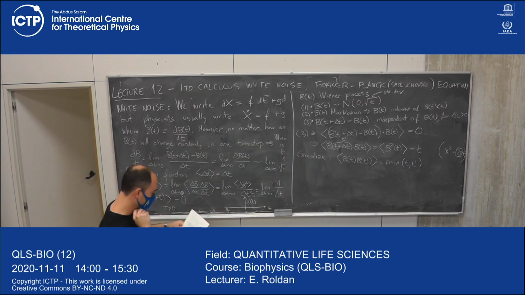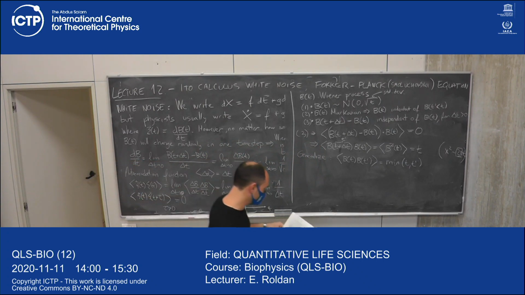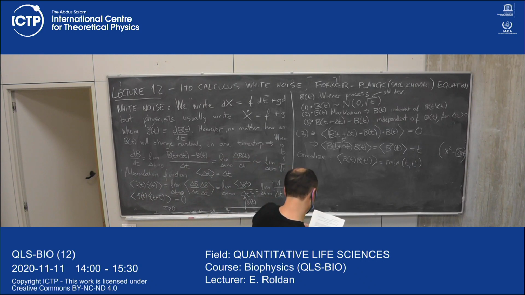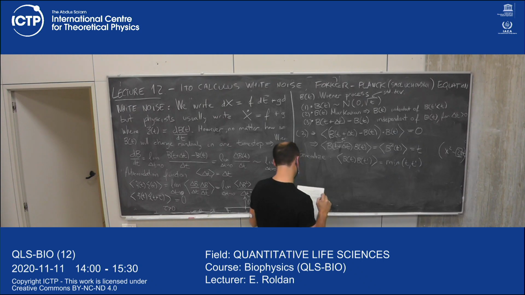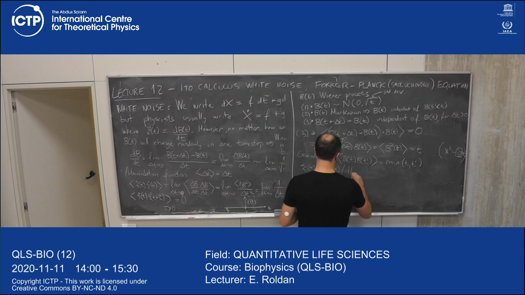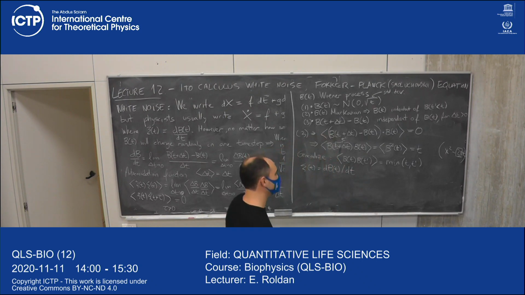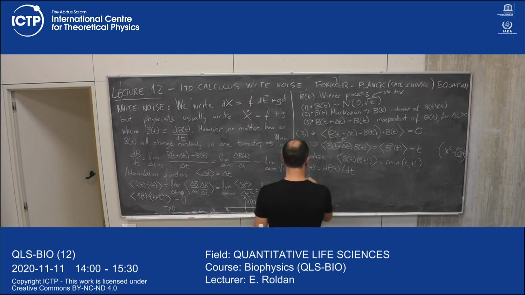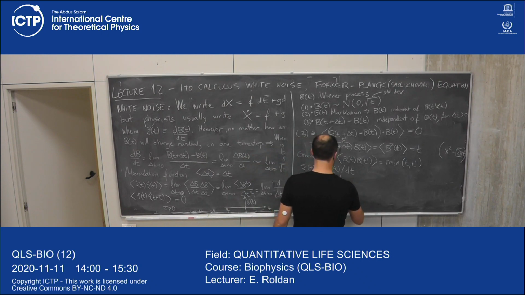And now, what I can do first of all is to define psi of t as dB/dt, and I see that the average of psi of t is d/dt of the average of B(t).